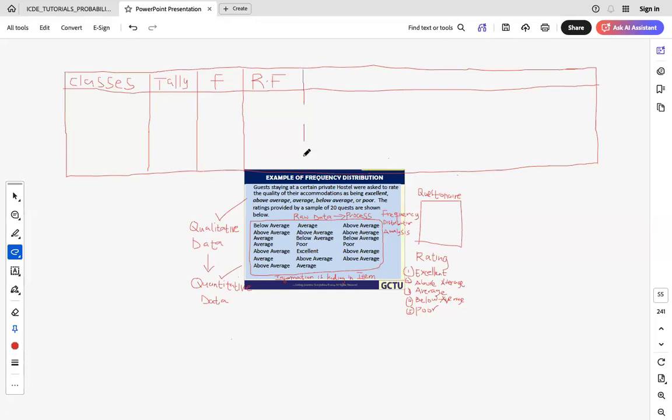Then after the relative frequency, we'll have our percent frequency, which I'll also abbreviate as P.F, percent frequency. After the percent frequency, we'll have our cumulative frequency.